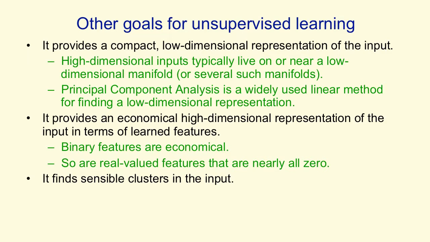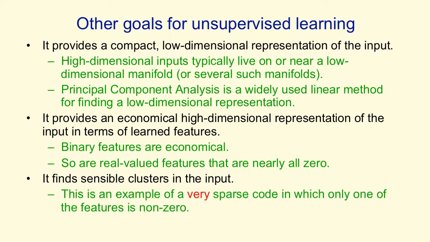In that case, for each input, we only need to represent a few real numbers, and that's economical. As I mentioned before, another goal for unsupervised learning is to find clusters in the input. And clustering could be viewed as a very sparse code. That is, we have one feature per cluster, and we insist that all of the features except one are 0, and that one feature has a value of 1. So clustering is really just an extreme case of finding sparse features.